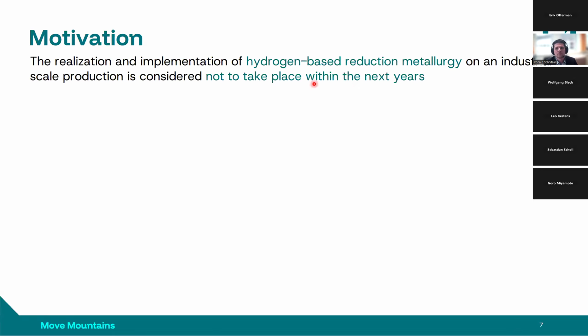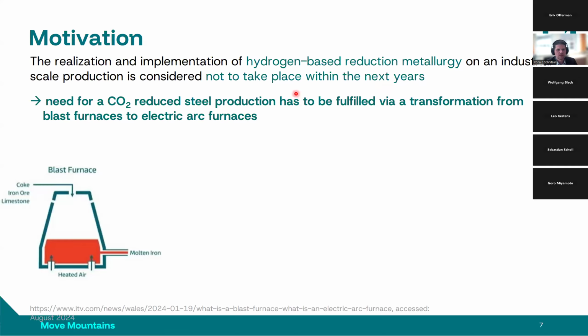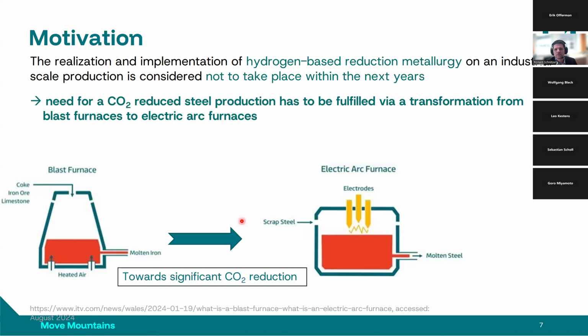Everyone is aware that there has to be some transition in between, and this CO2-reduced steel production has to be fulfilled via a transformation from the classical blast furnace route, which of course emits huge amounts of CO2, to a shift towards electric arc furnace production, as one method with which a significant reduction of CO2 can be achieved.